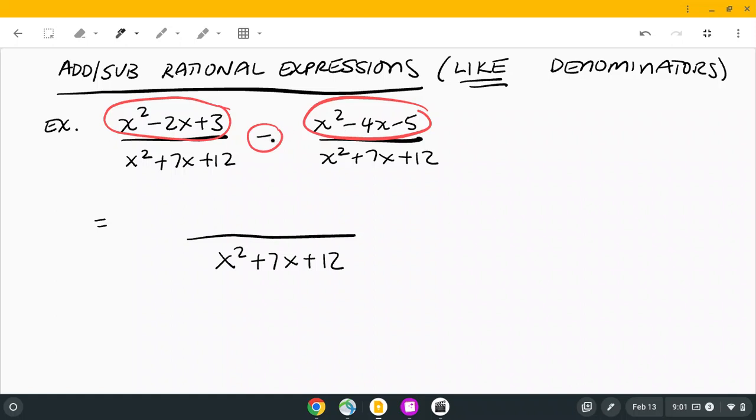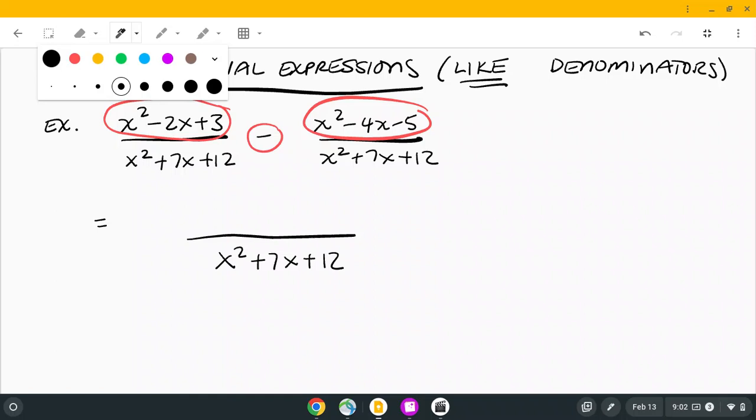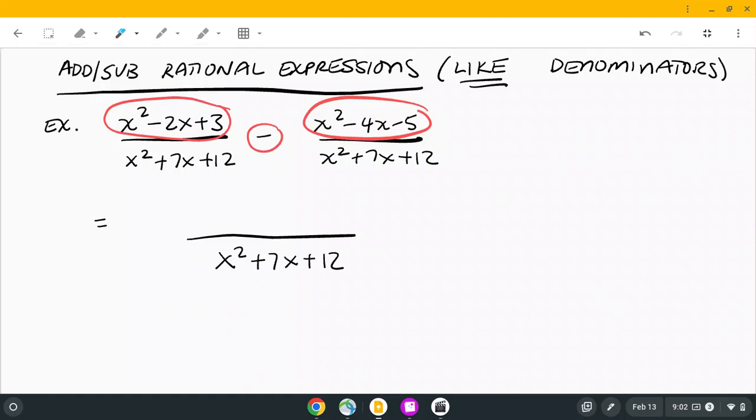So here's something you can do. When this is subtraction, if it makes it easier, just distribute the negative to this polynomial, then you can do that. Change that to plus, and then change all of these signs. You could do that, okay?